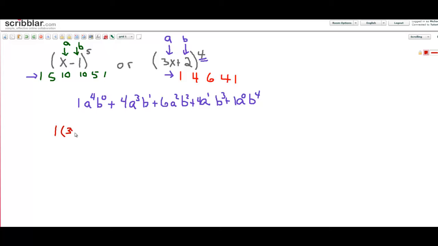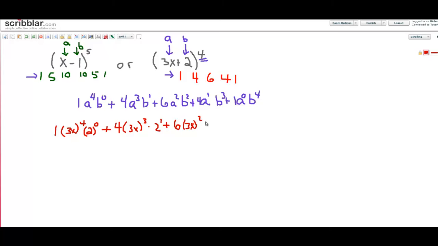So 3x to the fourth. I'm not going to skip any steps this time. And b is 2. That's going to be 2 to the 0. So I'm going to plug everything in. Okay. Plus, here we go. 4, and then again, a is 3x. That's going to be to the third this time, times 2 to the first, plus 6, 3x to the second.